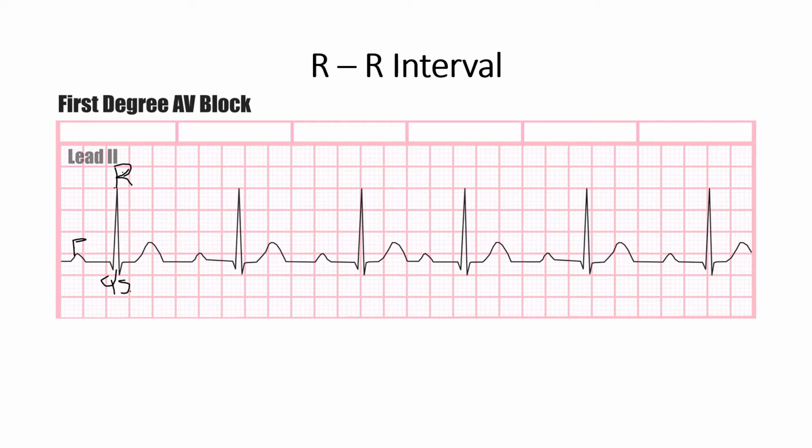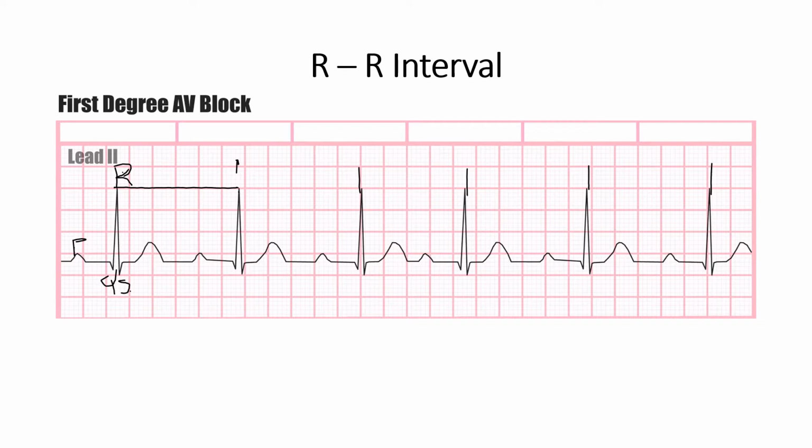So we have one here. There's an R, there's an R, here's another, and another. So these are our R waves or our R points that we are using. And what we're using this for is to determine timing, or as you might say, length between each R wave.